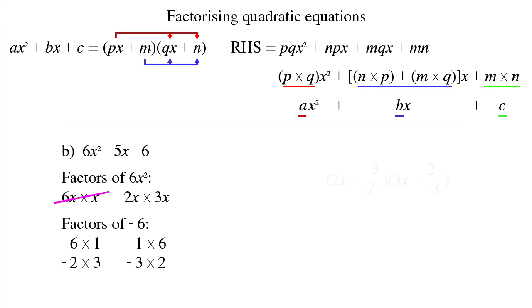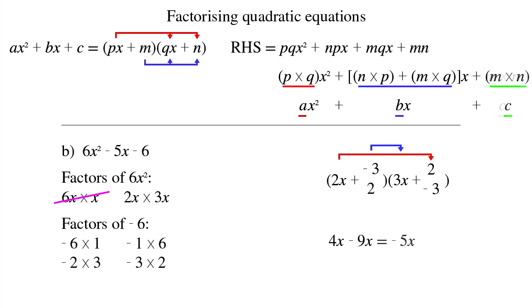How about 2x plus negative 3 or 2 times 3x plus 2 or negative 3? Well, for the top choice, our middle term is 4x negative 9x, which is indeed the negative 5x we were looking for. So we have that 6x squared negative 5x negative 6 can be factorised as 2x minus 3 times 3x plus 2.